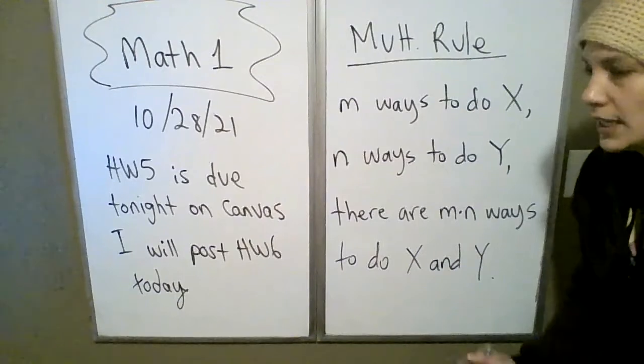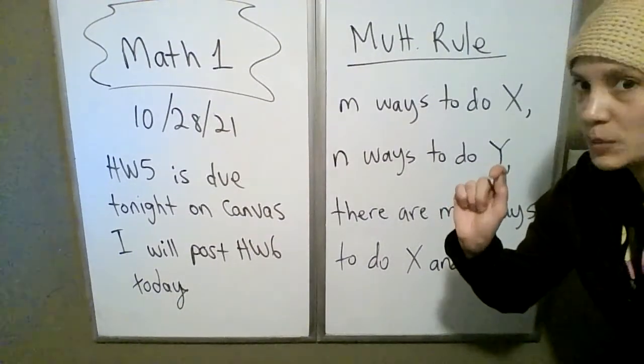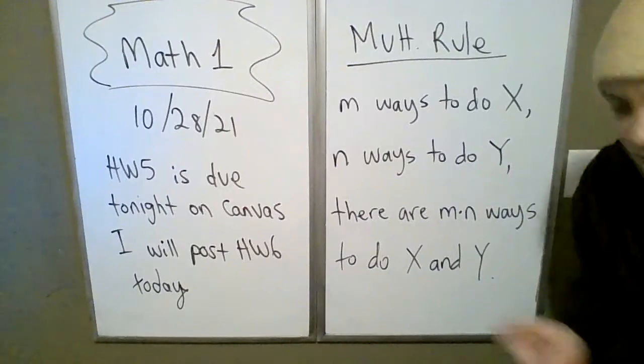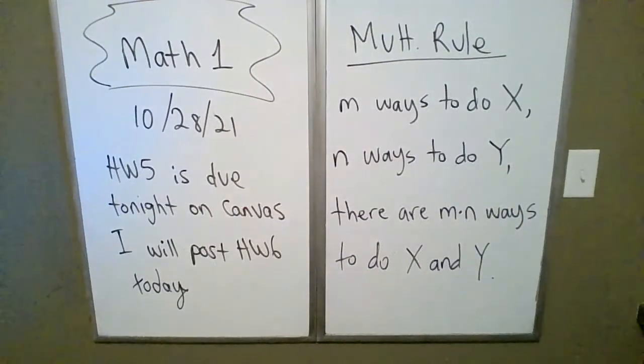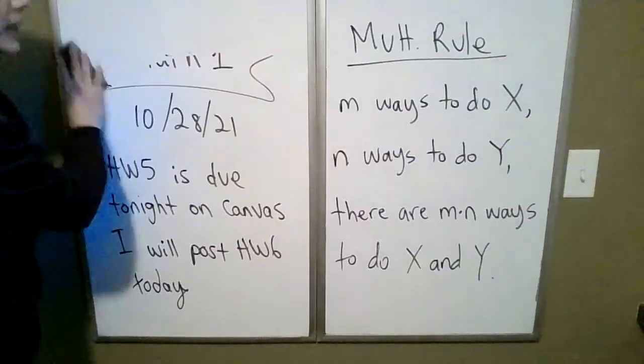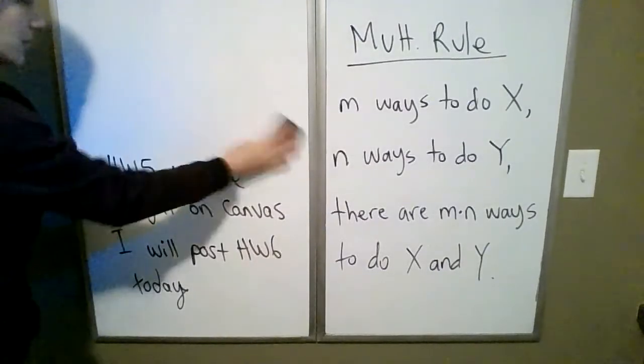Okay, the first one we look at is an experiment where you flip a fair coin and then you roll a die. And then talk about all possible outcomes from that.